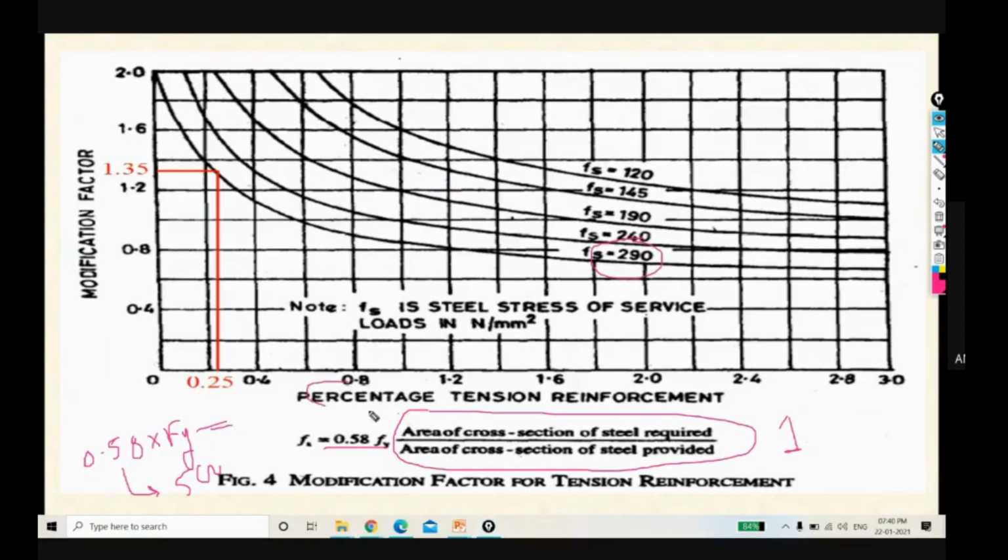The percentage of reinforcement we have already assumed as 0.25, and as per the percentage of steel and this Fs value, our modification factor is approximately 1.35.